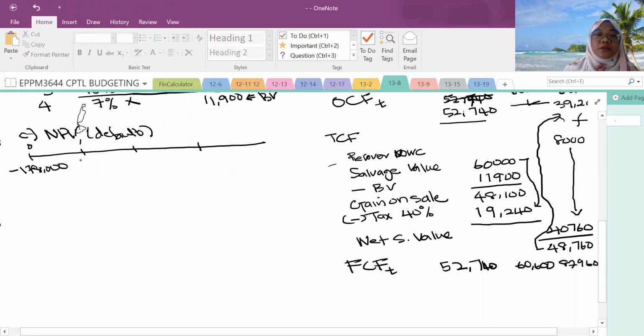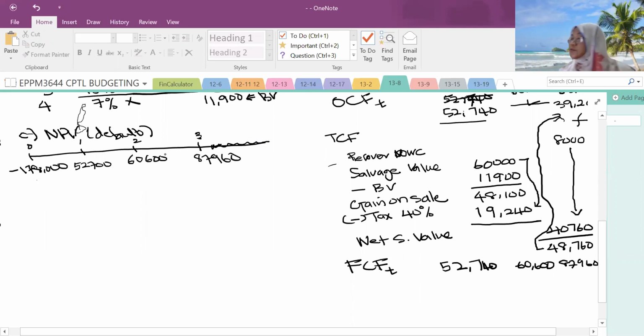In year 1, you have 52,740. In year 2, you have 60,600. And in year 3, you have 87,960. So what do you do next? In your financial calculator, you are going to put this value as your CF0, CF1, CF2, and CF3. So let's see what we're going to get from that.